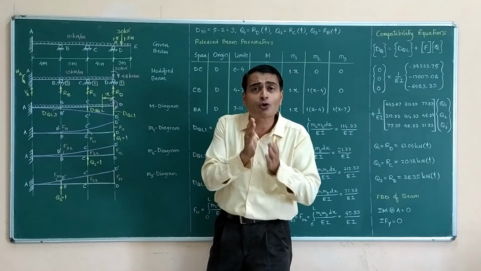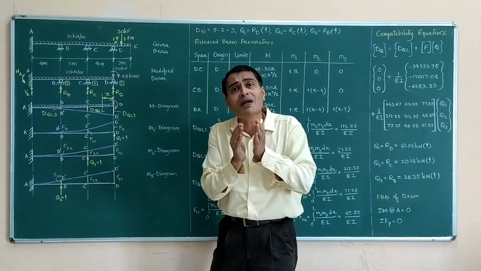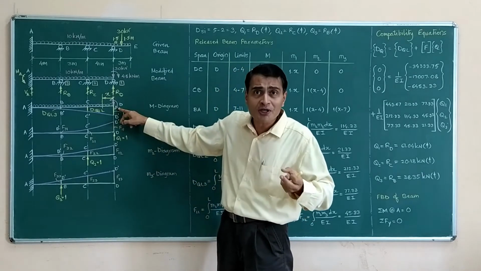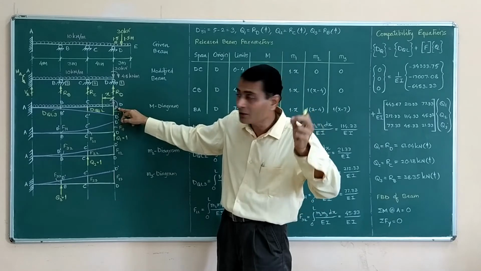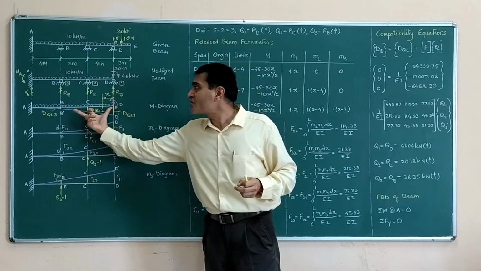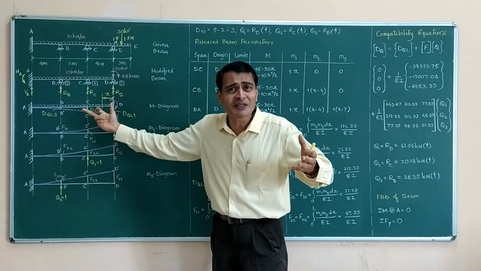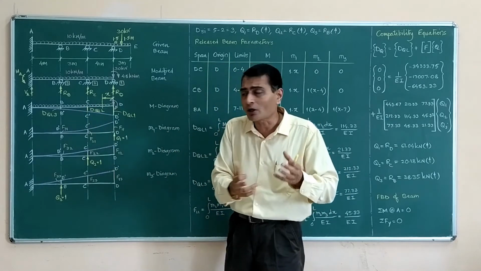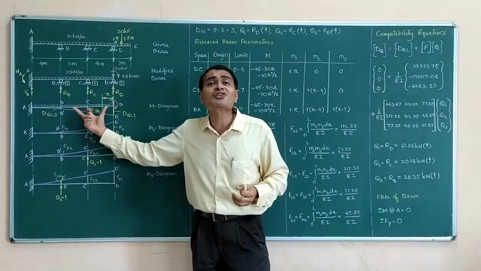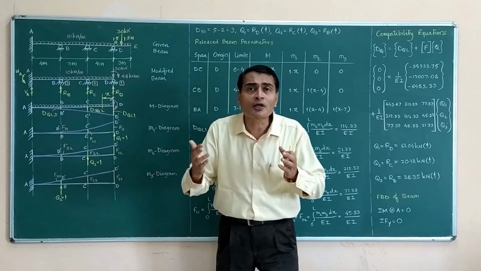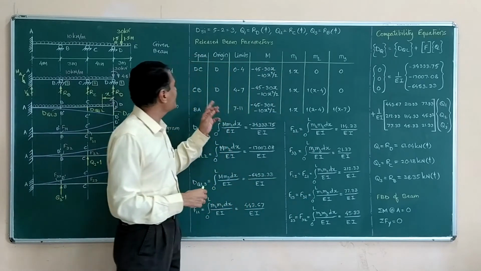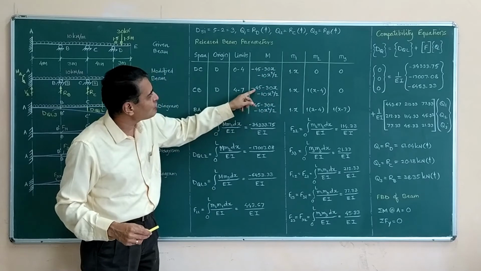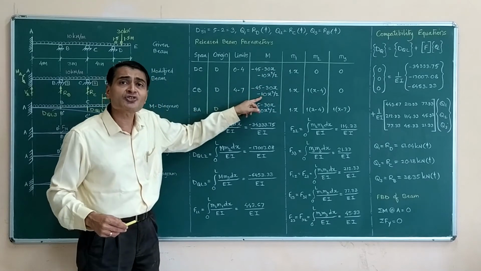Actually draw the section also and see that the bending moment expression will remain the same. 45 kilonewton meter hogging, 30 into x, a larger x comparatively, great, but it is x, variable. So 30 into x, again hogging, and for that matter 10x squared by 2, again hogging. So you are observing that even in span CB, my terms are just repeated: minus 45, minus 30x, minus 10x squared by 2.